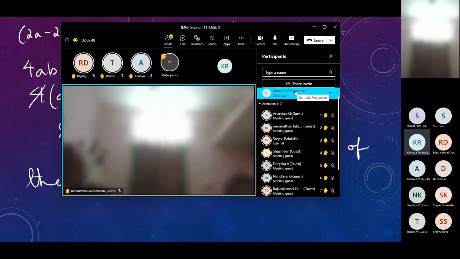So these mock exams will be without section A. Without section A, you'll have B, C, D, and E. That is, we'll be working only for 60 marks. The 20 marks you'll do online, and you will also see your scores there. The rest of the part, B, C, D, and E, we'll do in the class.